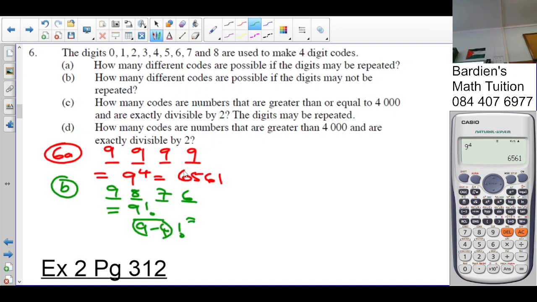Again, people, if you can see that, you could have done it without it. 9 factorial over 9 minus 4, which is 5 factorial. Or you could have just typed in the calculator 9 times 8 times 7 times 6. Okay? That gives you an answer of 3024.